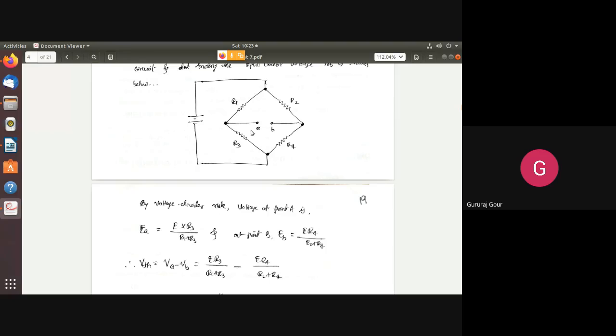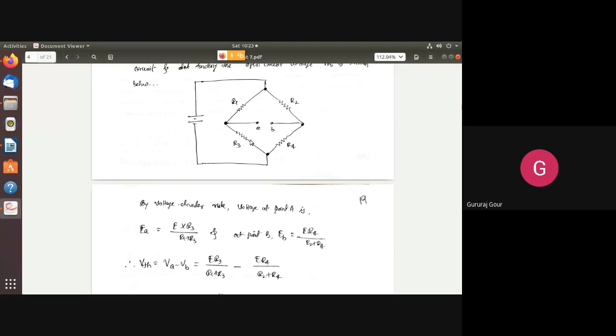Let us find out EA here, the voltage at node A. The voltage at this point A or A here, both are the same because that is open circuited. So the voltage at point A, that is EA, equal to E divided by R1 plus R3, which is the amount of current flowing through this loop, into R3.